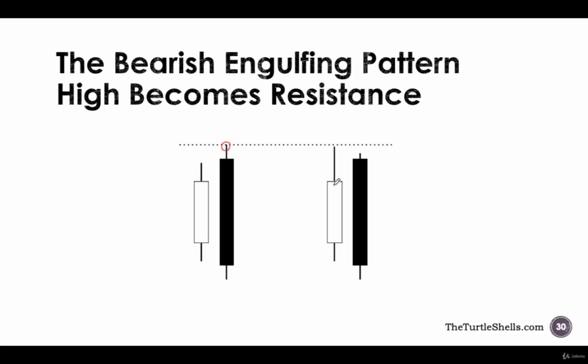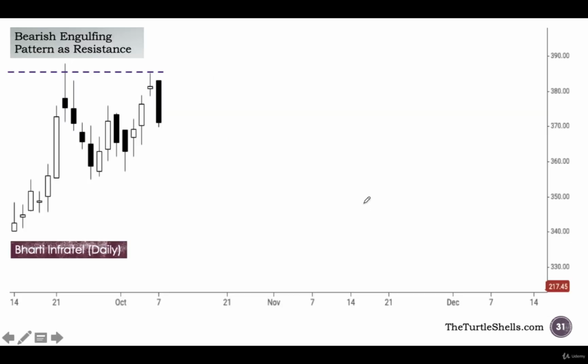In this case, the highest high of the two candles is the high of the white candle. So whatever the high is, that becomes our resistance, and we keep our stop loss just above that resistance point, just to have that extra protection. Okay? So the entire bearish engulfing pattern becomes resistance, which is what we want to see here.